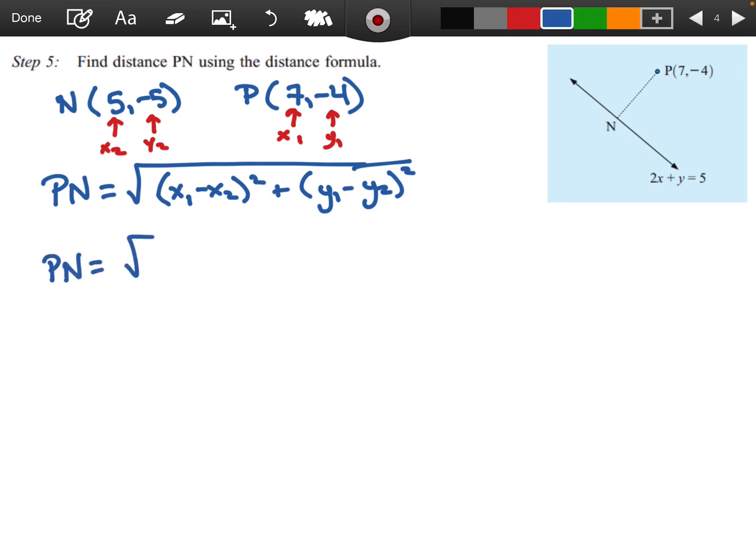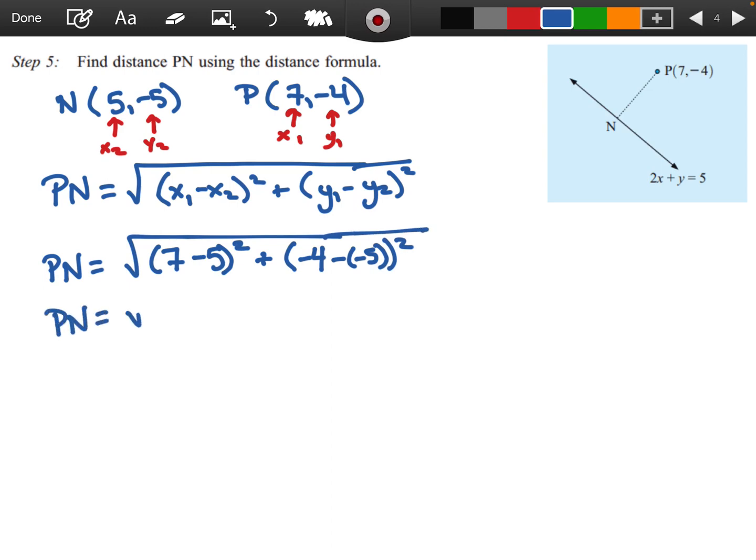So Pn, so now we've got 7 minus 5 squared plus negative 4 minus negative 5 squared. So Pn equals, so we've got 7 minus 5 is 2 squared plus negative 4 minus negative 5, 1 squared.